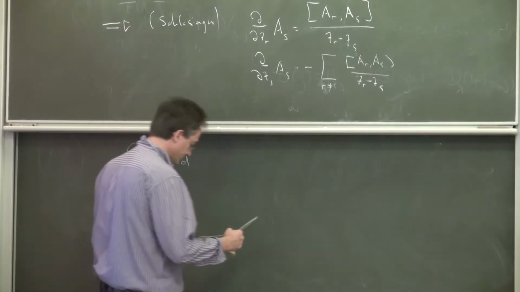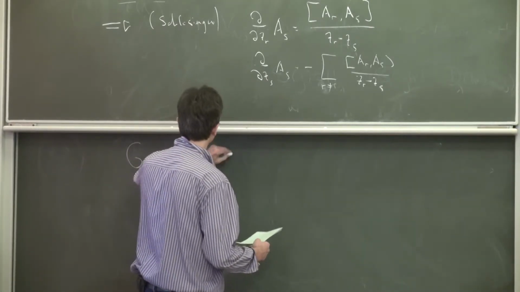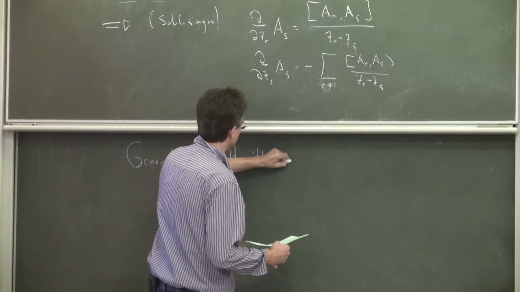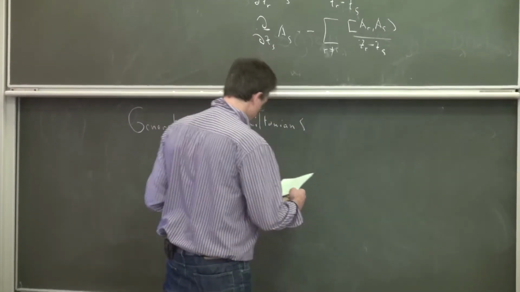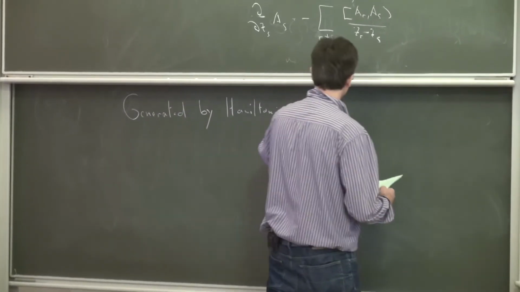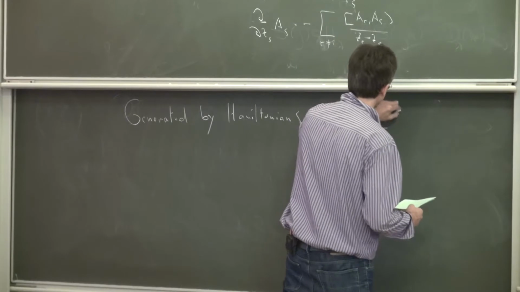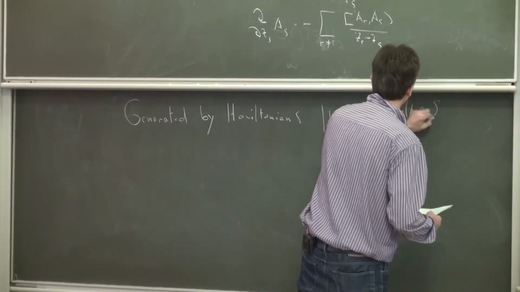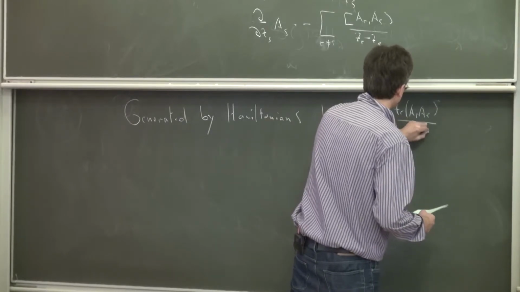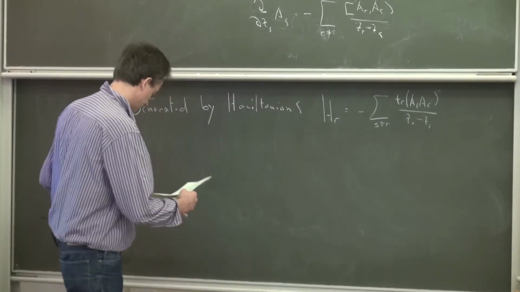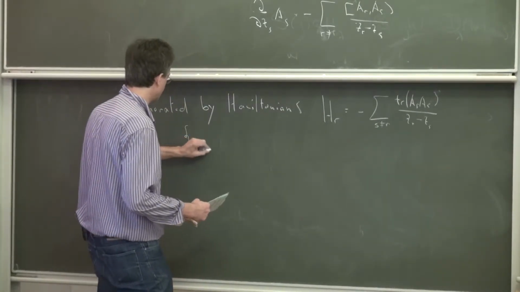And to explain what the tau function is, let me note that there's a Hamiltonian formulation for these equations, obtained by defining Hamiltonians, HR equals minus some trace of AR AS over ZR minus ZS, sum over S not equal to R. And there's a Poisson bracket.